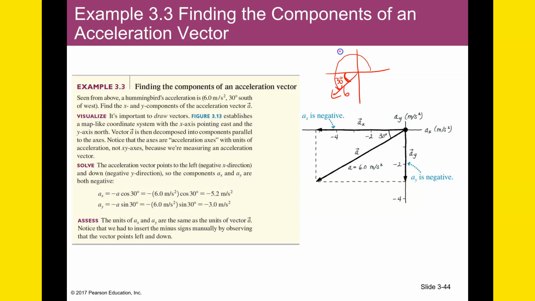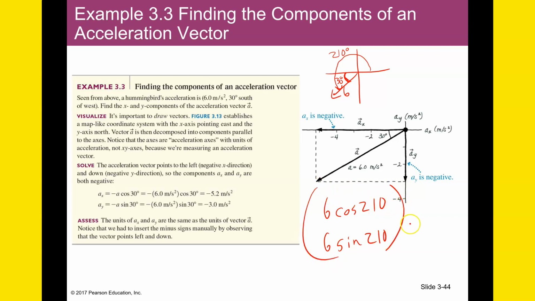Well, it's going to be 180 plus 30, right? Which is just 210. So I'm going to simply break my vector down into components by doing 6 cosine 210 and 6 sine 210. And that's going to do it for me.